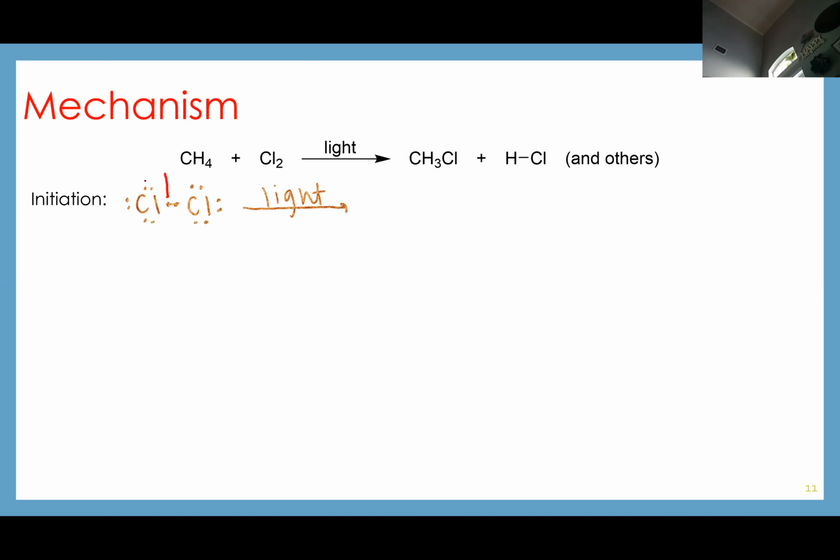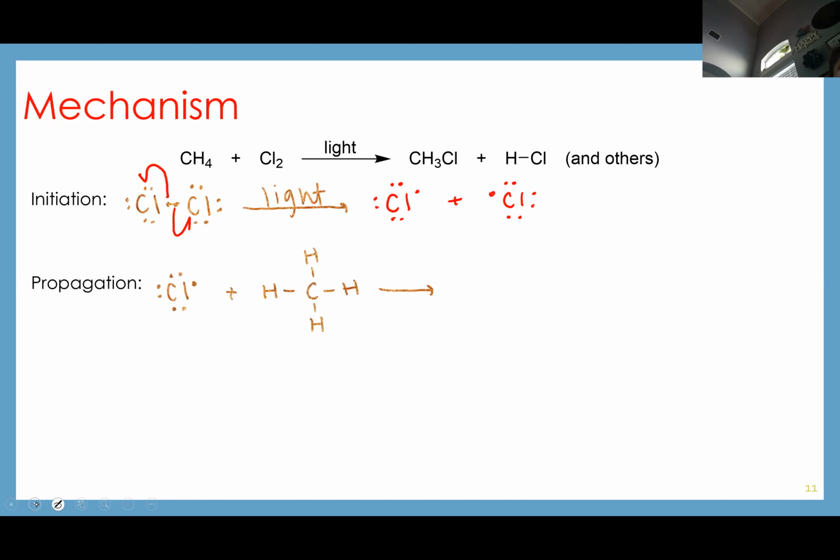One electron is going to go with one chlorine atom. The other electron goes with the other chlorine atom. That gives you two equivalents of the chlorine radical. So that's our initiation step. Initiation is just the part where you are creating the radicals that are going to literally start the reaction.